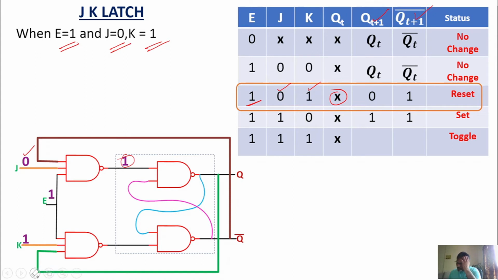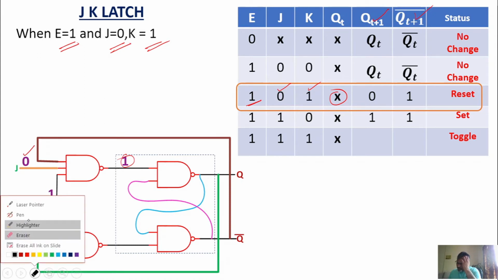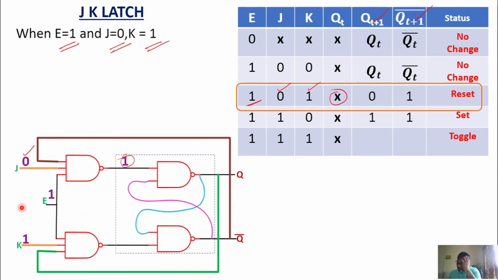Now, what will happen now? As I told you, when one of the inputs is 0, output will be 1. See, this is 1, this is 0, this is Q bar coming from here. Now, since one of the inputs is 0, irrespective of what the other two inputs are, output is going to be equal to 1. Right?